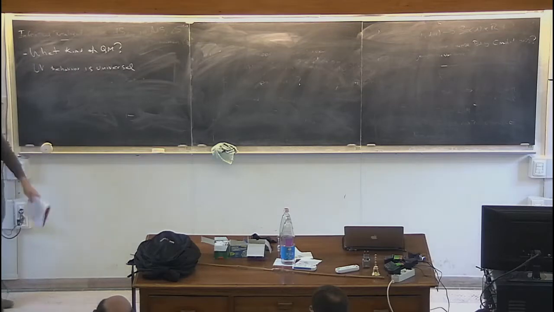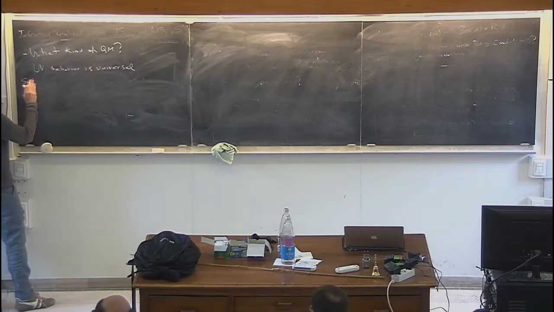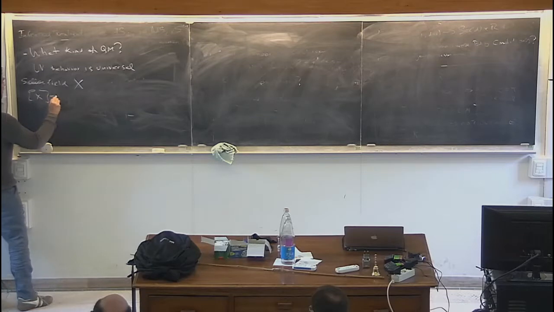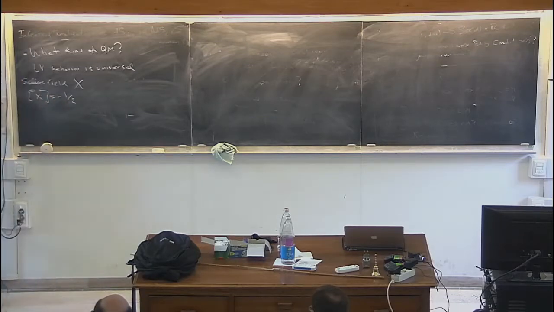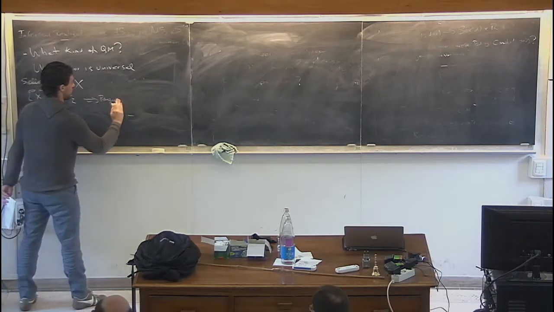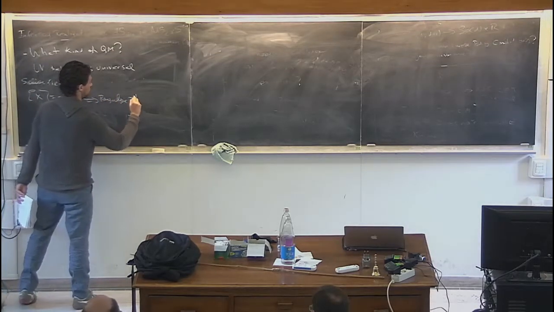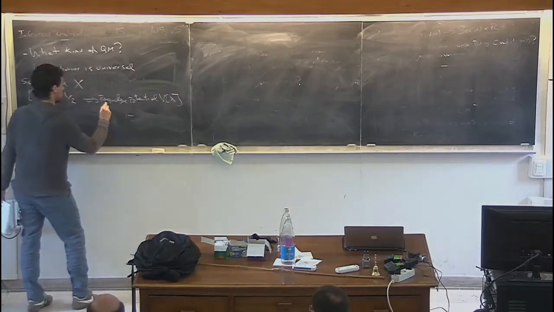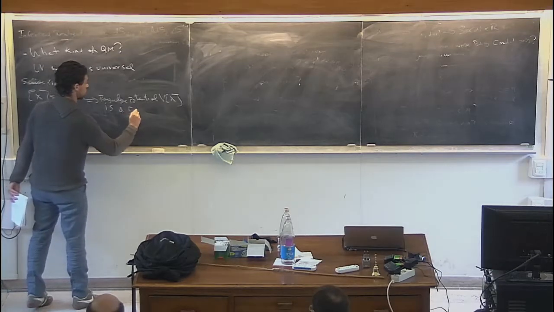So in quantum mechanics, just to take an example of a scalar field to fix concepts, the scalar field x has dimensions of -1/2. And what happens is that any regular potential V of x is a relevant deformation.